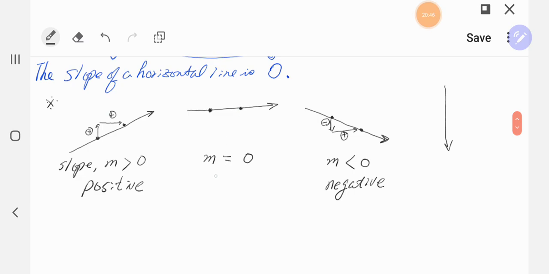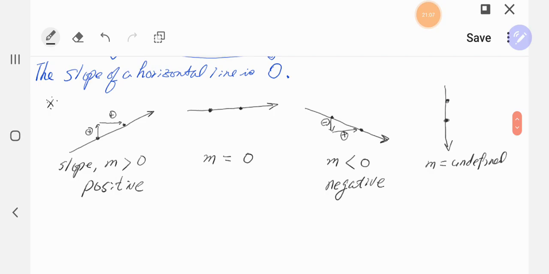This one is 0 over something, and 0 over something is 0. So the horizontal line has the slope 0. Now the vertical line. The vertical line is undefined, right? M is undefined. Why is it undefined? Because it has the same x value, so the denominator is 0.